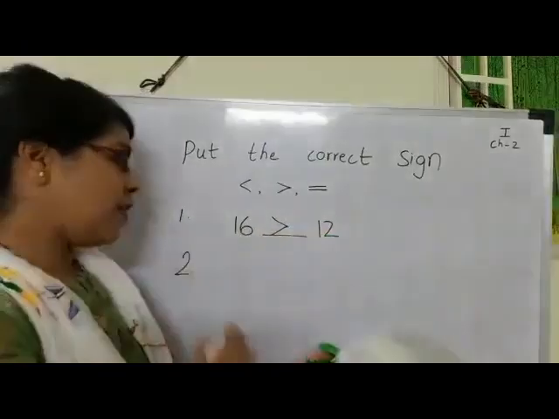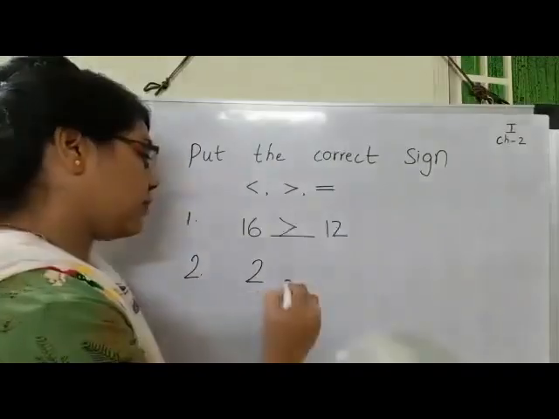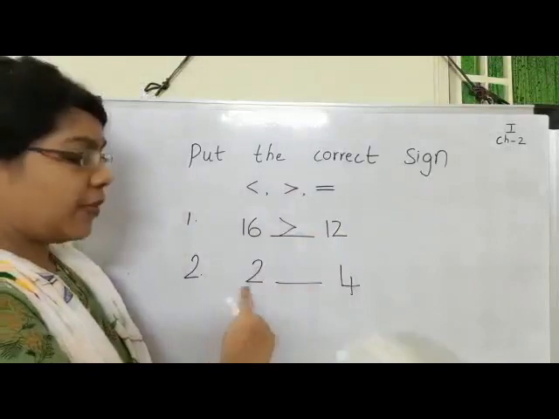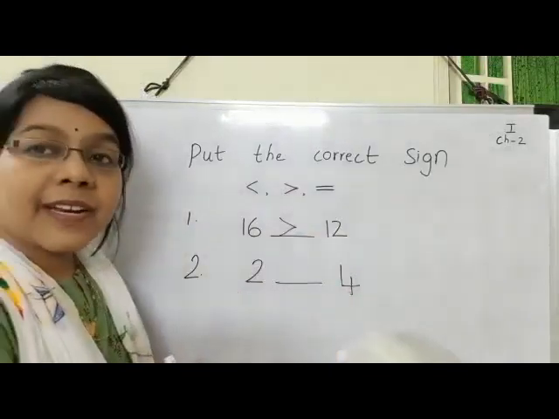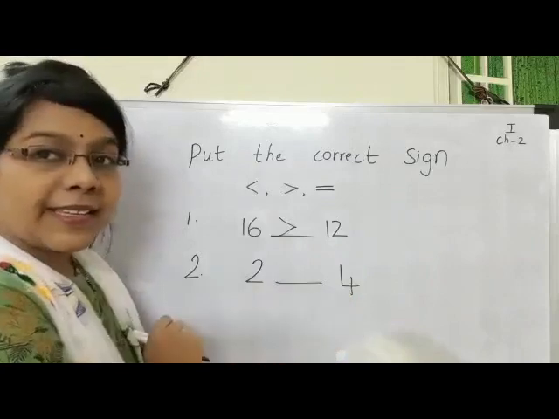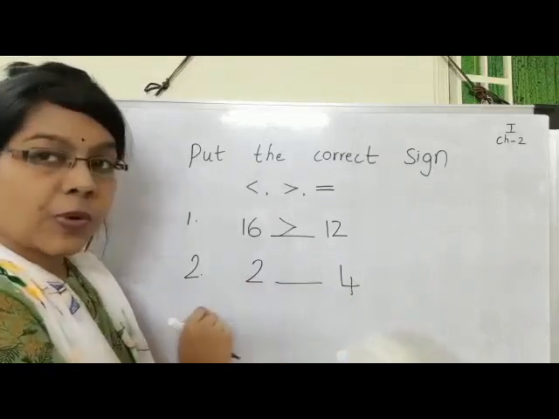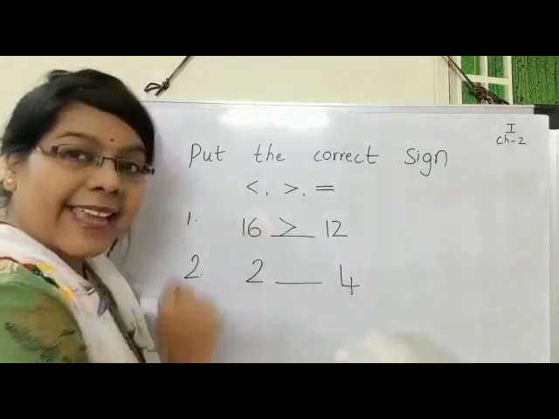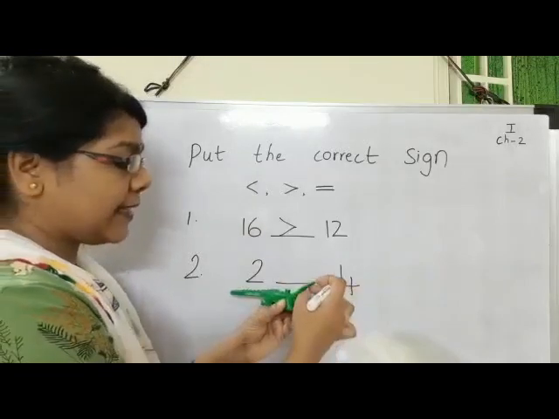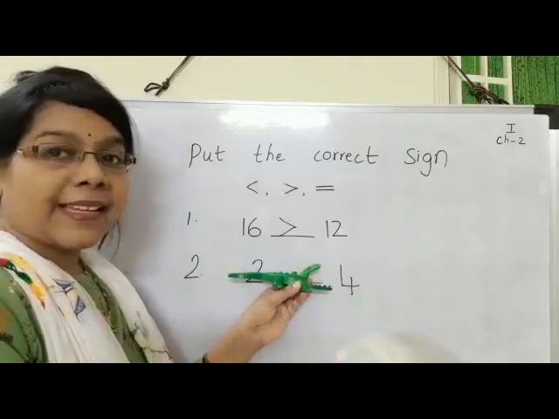Let us see one more. 2, 4. Which is greater number? Right, 4. 4 is greater than 2 or 2 is less than 4. Crocodile's mouth is open towards greater number, that is 4.